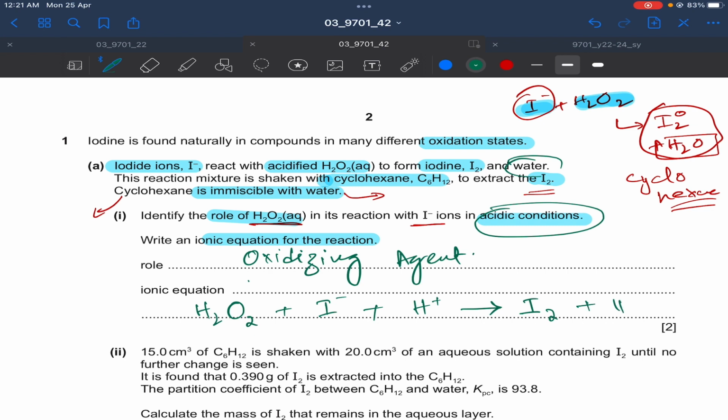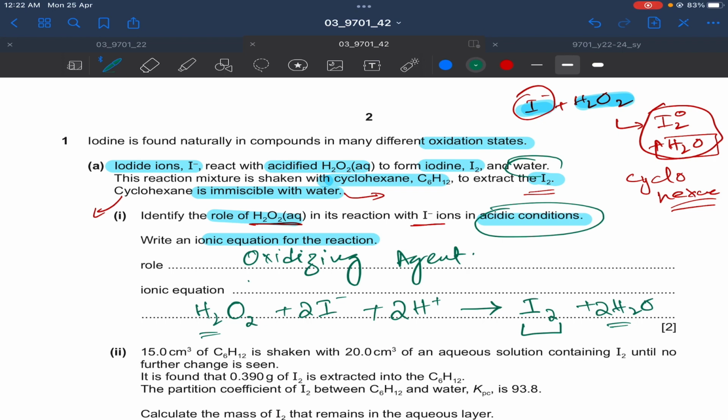So iodine and water, I2 plus H2O, right? And now we have to balance the reaction. So we have 2 iodine on the product side, so we would put a 2 with iodide ions. 2 hydrogens and 2 oxygens on the product side, so that means this would be 2. And to balance hydrogen, we have to put 2 with the H plus ions.